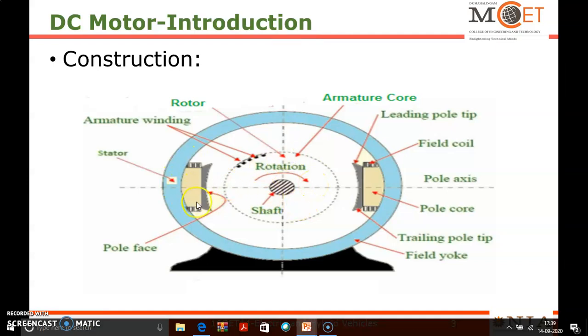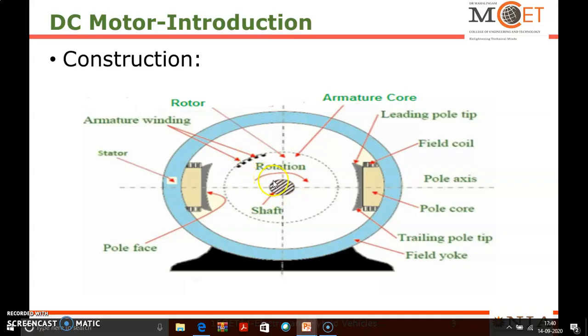This is the stator core and this is the rotor core. The entire DC motor is covered by the yoke, otherwise called the magnetic frame. The field core consists of the field coils, whereas the armature core consists of the armature coils.